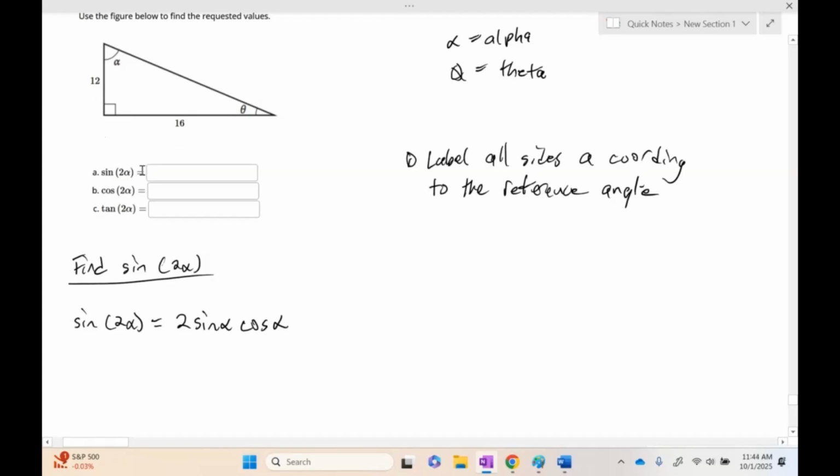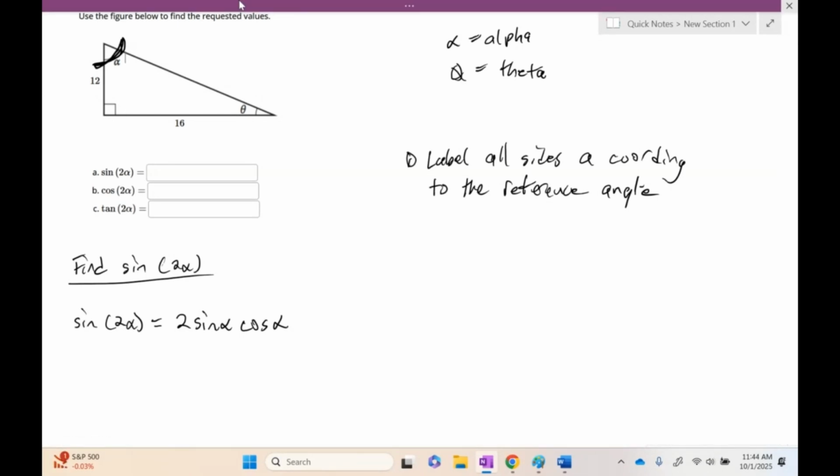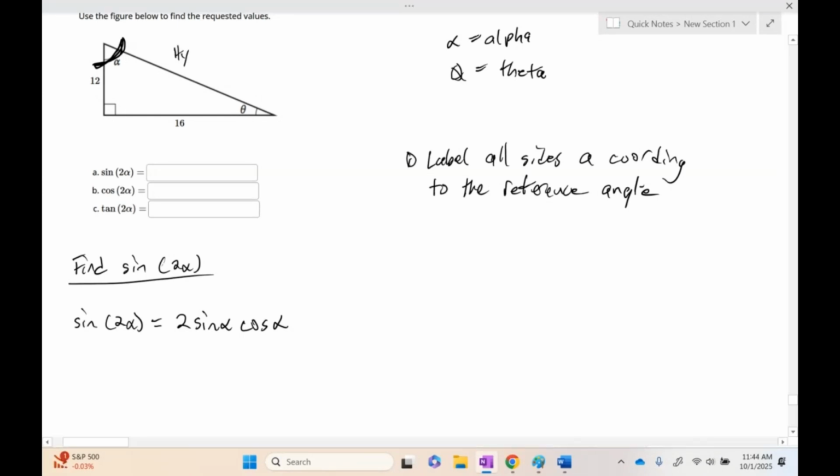Here we're using the alpha angle as our reference angle. I'm going to label my opposite, adjacent, and the hypotenuse according to this reference angle. First, the hypotenuse is always opposite the right angle, so this diagonal serves as the hypotenuse.